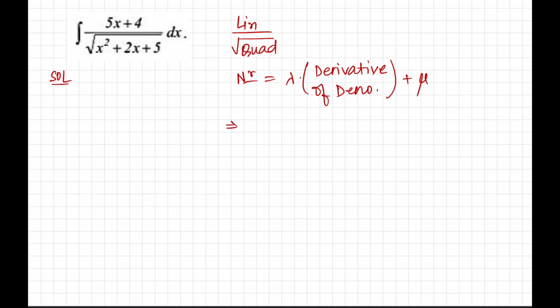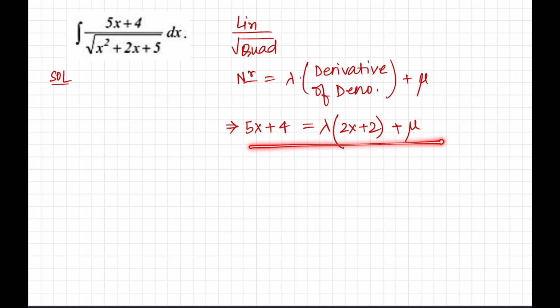plus some another constant mu. So our numerator here is 5x plus 4, and this will be equal to lambda into the derivative of the quadratic expression in the denominator, which we will have as 2x plus 2, and the constant is mu. So if these two expressions are equal, equating the x terms we will get the value of 2 lambda as 5, and that gives us the value of lambda as 5 over 2.